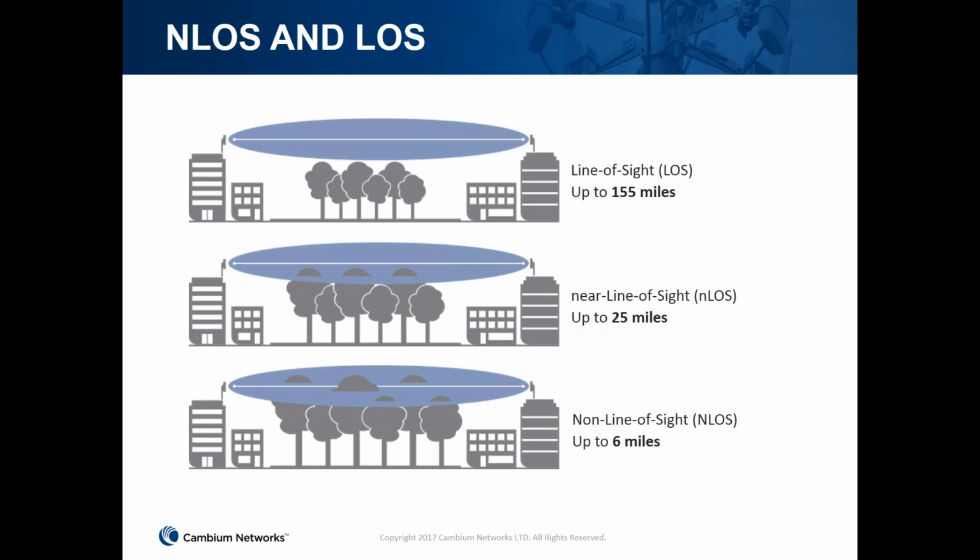Generally, like trees, especially during winter, if you install it, and then in the spring when the leaves come back, there's a near line of sight situation where part of the tree is covering the Fresnel zone. And then non-line of sight is up to 6 miles, which means using OFDM and small subchannels which bounce off different interfaces, you can reach your destination. But this is up to a really short distance of up to 6 miles.